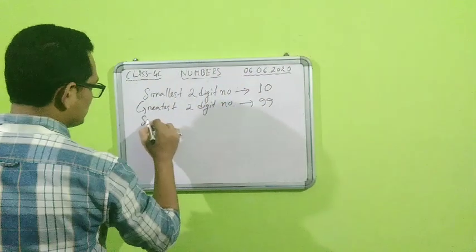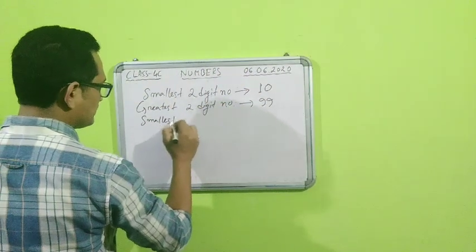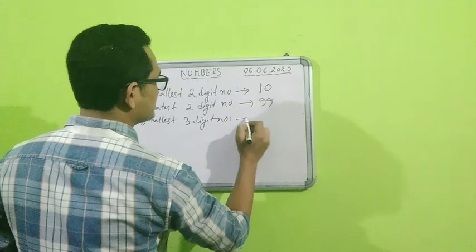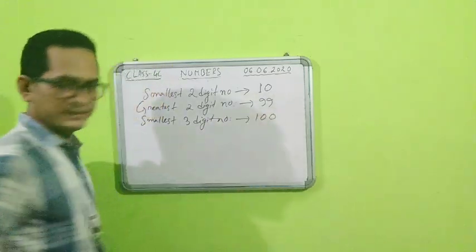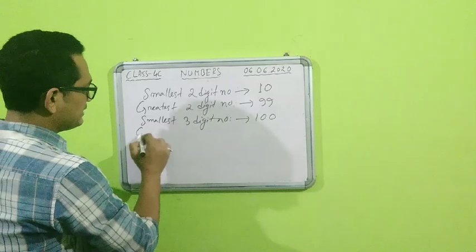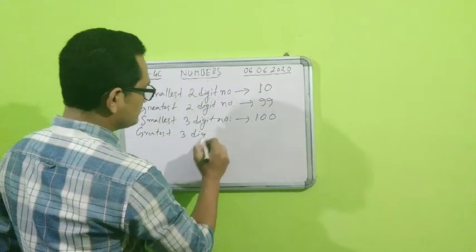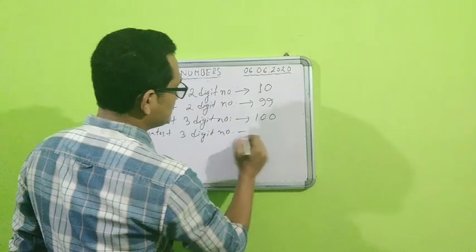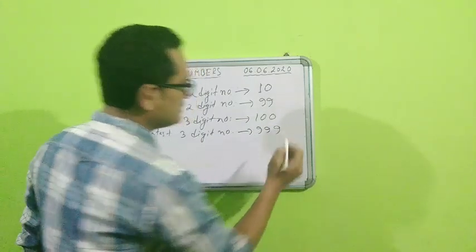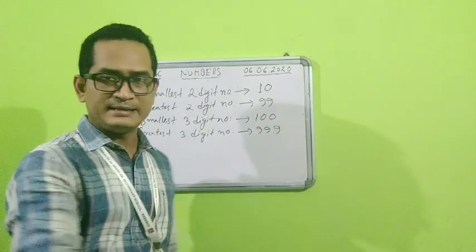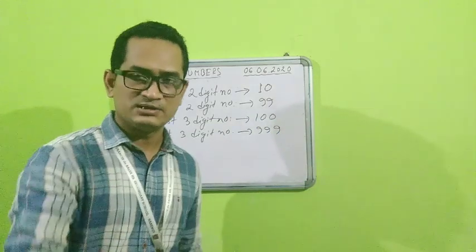Similarly, the smallest 3-digit number will be 100. Then the greatest 3-digit number will be 999. As we know, above 999 it will enter into the thousands place.